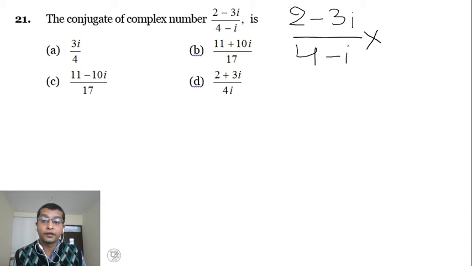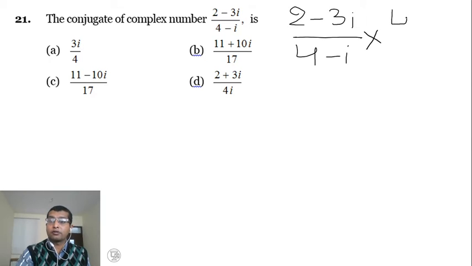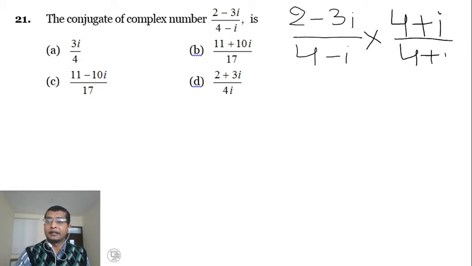I told you from the beginning class, if i is present in the denominator, then we have to do rationalization and avoid i in the denominator. So I have to multiply and divide by its conjugate. So it is 4 plus i divided by 4 plus i.